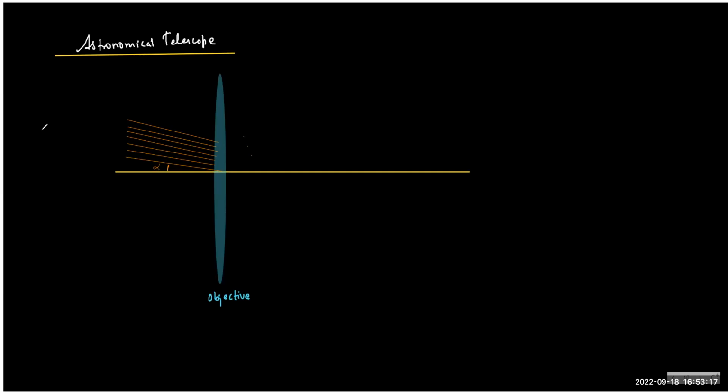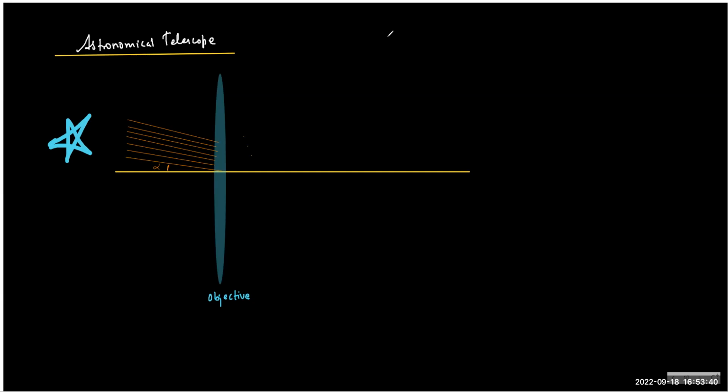Now, if you're looking at some star, whether the objective is looking at the star or we are looking at the star, both are the same phenomenon, isn't it? So the angle subtended at the objective is the angle subtended at the unaided eye itself.